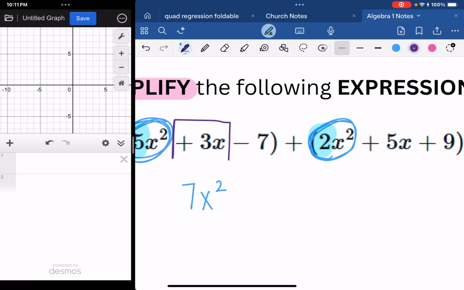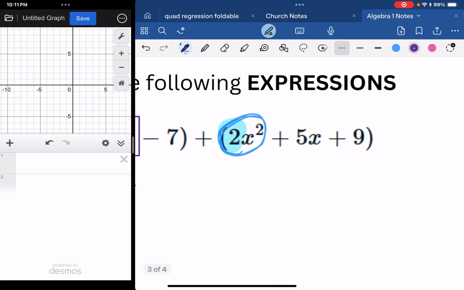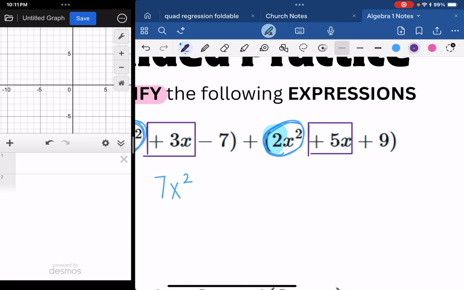So we have x's. So this is x to the power of 1. Okay, so I'm going to go find the other terms that have just an x. So in this case, it's 3 and 5. Okay, so notice I am also, and this is important, so our flashing lights are going off, I also put in the sign in front.